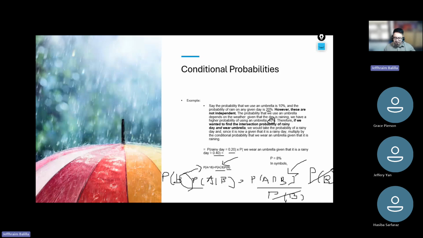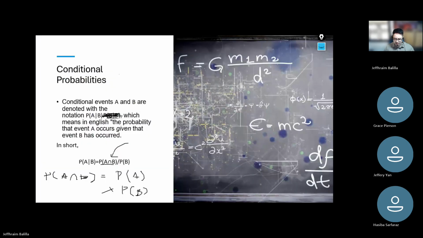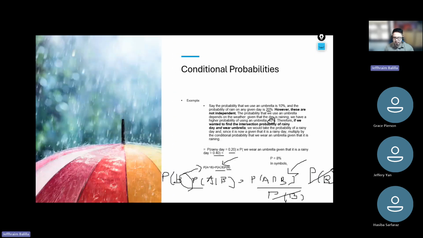So it's like a reverse of this, that you kind of want to identify the intersection between the probability of a rainy day and wearing an umbrella. So it must be a low value, which is in this case 8%. I just played with this just to show you how you would tweak the equation, how you would manipulate it.